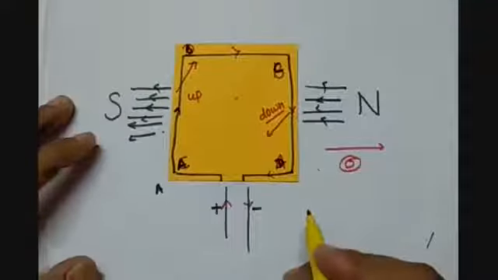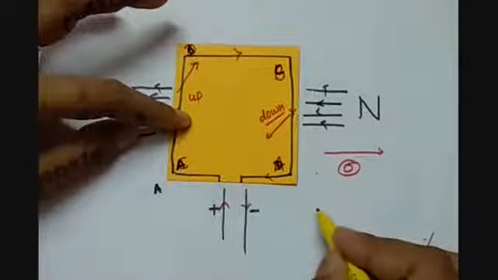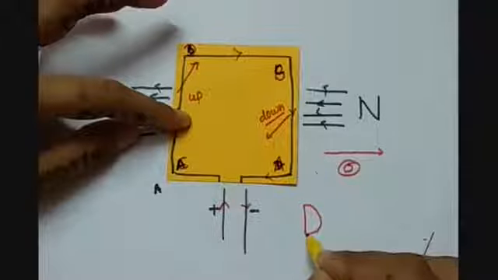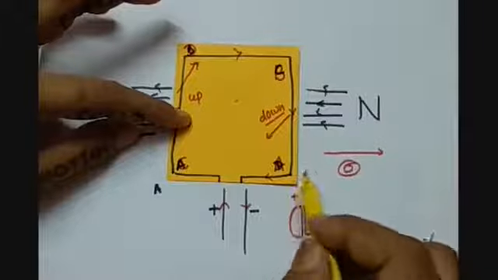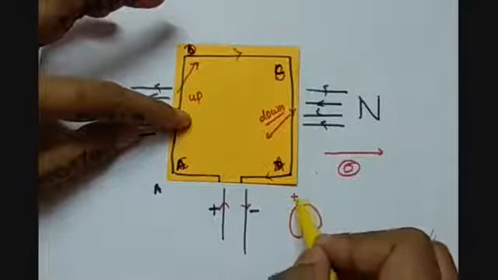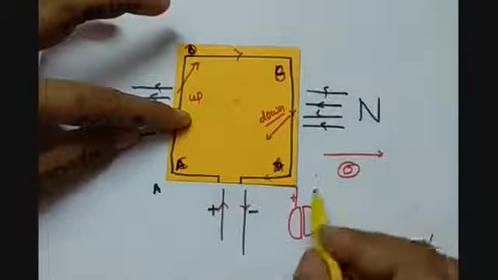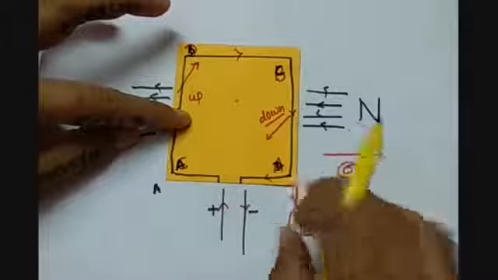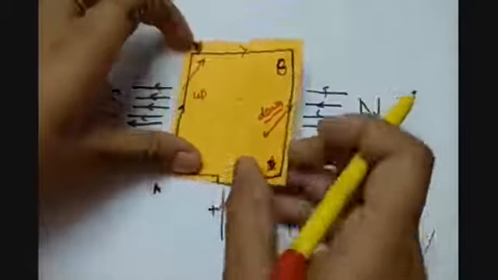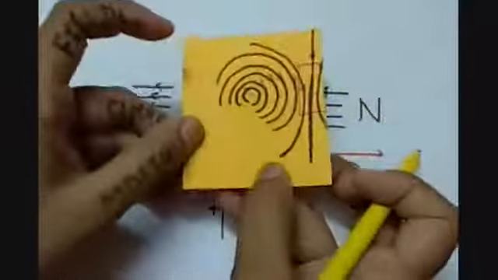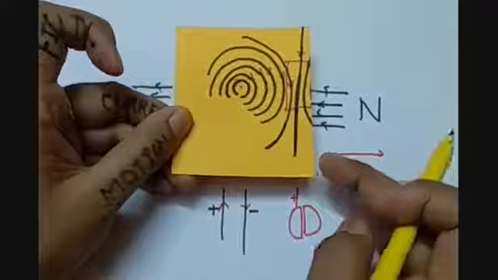Then one important thing to understand at this stage is that if the commutator does not have the D-shaped split rings, then this positive terminal, which is connected to the positive terminal of the battery, goes to the armature AB. If the AB arm is moving, then this connection will also move, and the current will now flow in this direction.